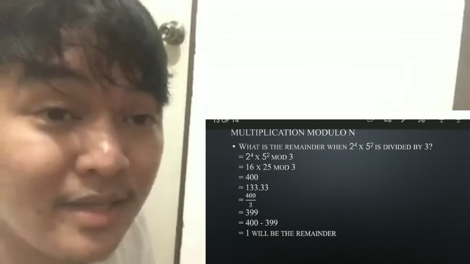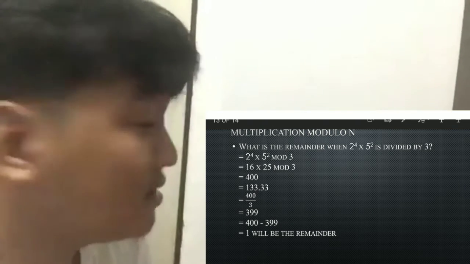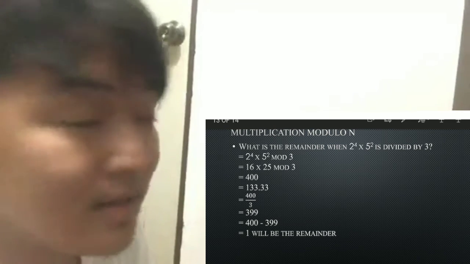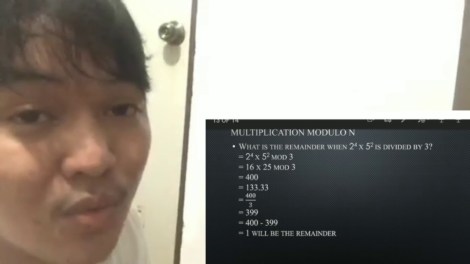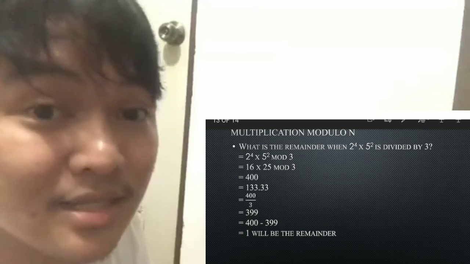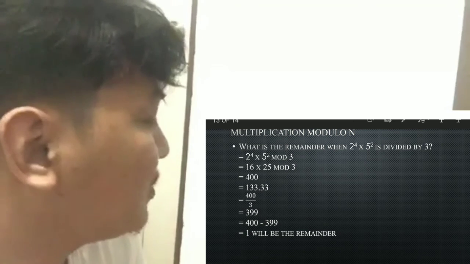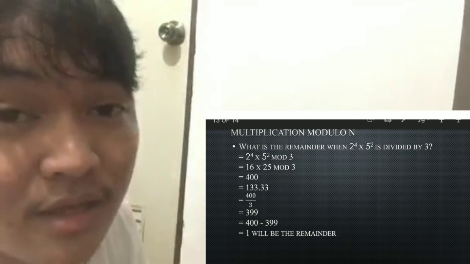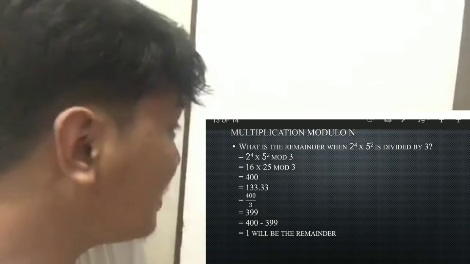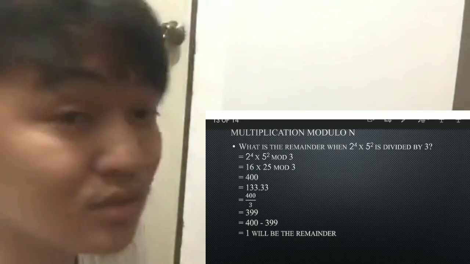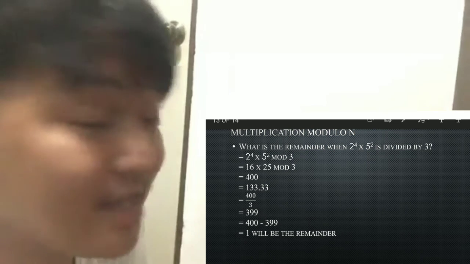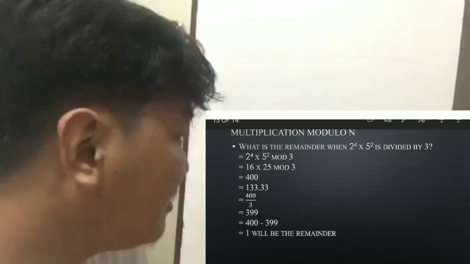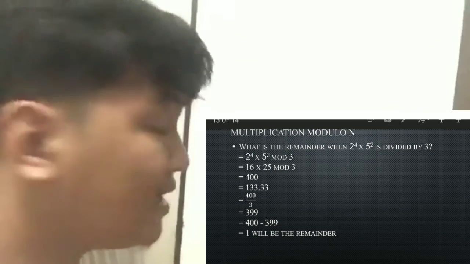So 16 times 25 is 400, and the mode is 3. So 400 divided by 3 is equal to 133.3333 repeating. We'll only use the 133. 133 times 3 is equal to 399. 400 minus 399 is equal to 1, and that will be the remainder.